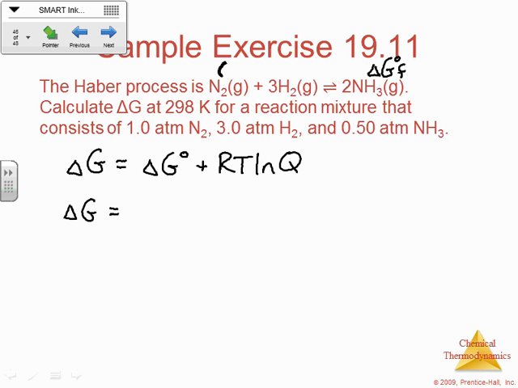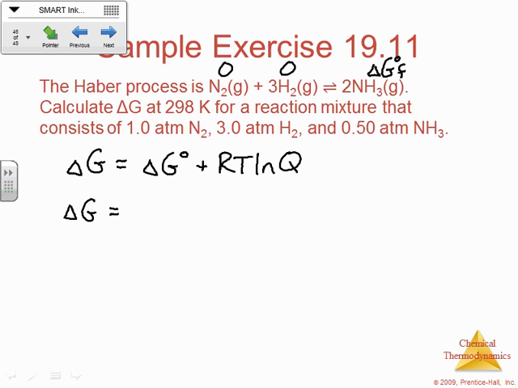So these are both 0. Okay? Now, the one thing you got to watch out for here is this is the delta G of formation will give you for the formation of 1 mole of NH3. This is going to be for 2. So basically we look up the delta G of formation for 1 mole of NH3 and just multiply that by 2. Okay? And I'm just going to give you that number because I don't think we need to worry about that calculation at the moment.